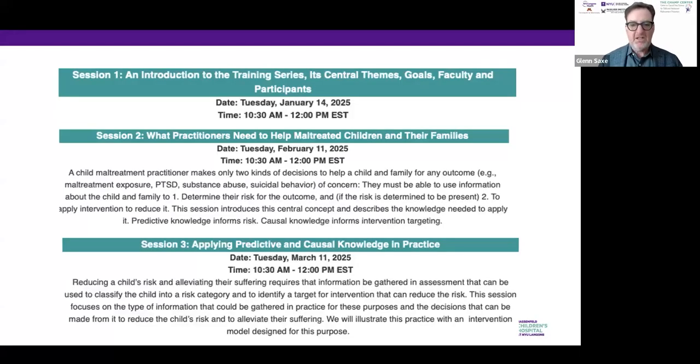So the next session is about what are ways to use causal and predictive knowledge in practice? There are pieces of information, there are ways of using predictive tools, and to me, the most important thing, because in a complex world, we should expect that we're going to be wrong a lot.